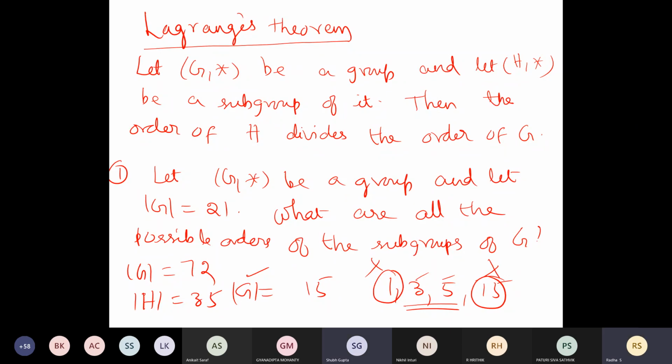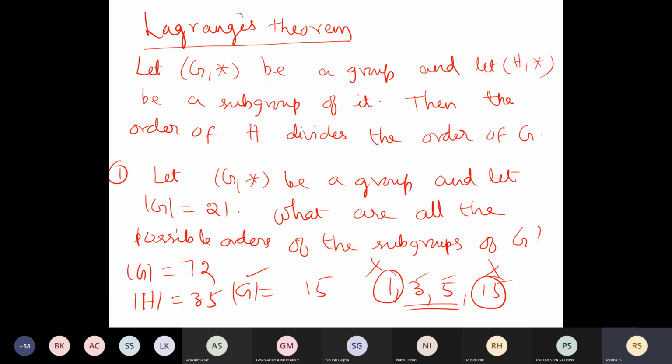No. Since Lagrange's theorem says that the order of H should divide the order of G, 35 will not divide 72. So such a subgroup does not exist. It is just a necessary condition. The back way you cannot go. You cannot find the divisors of the order of G and say in each and every divisor there will be a subgroup.